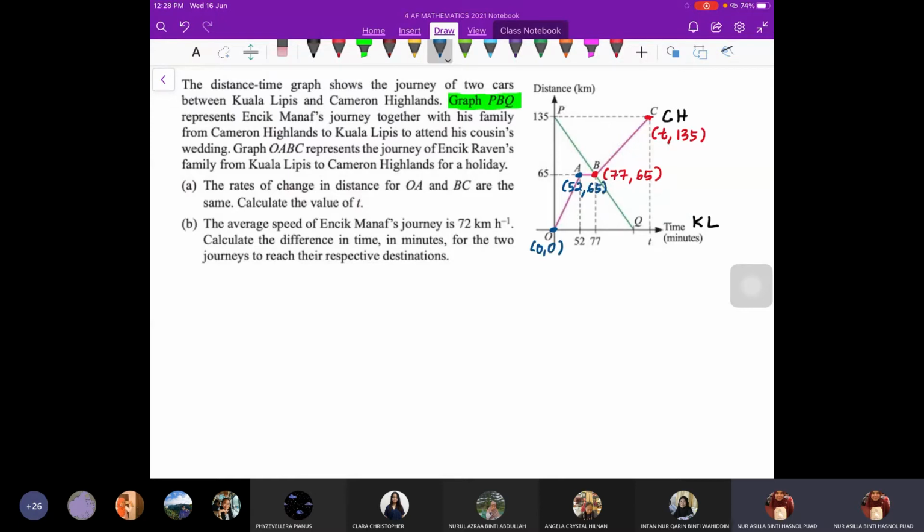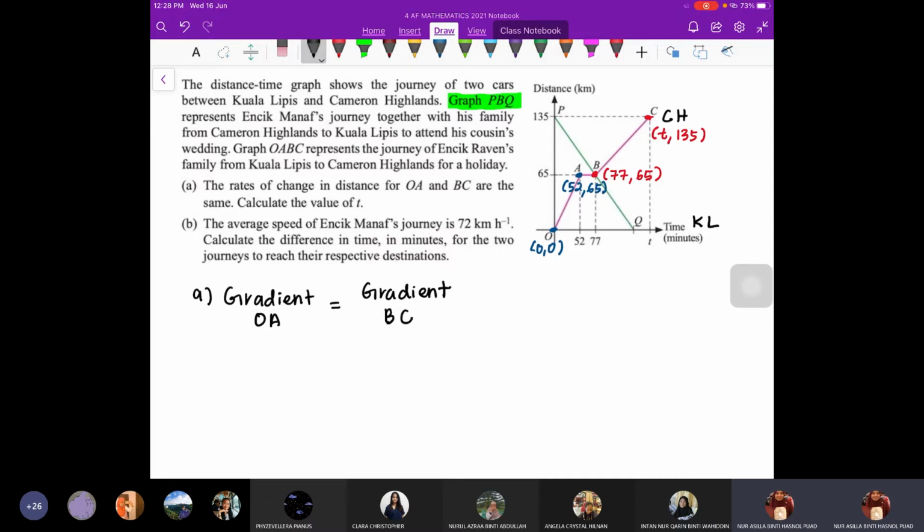So dia kata this gradient OA is equal to gradient BC. Okay.